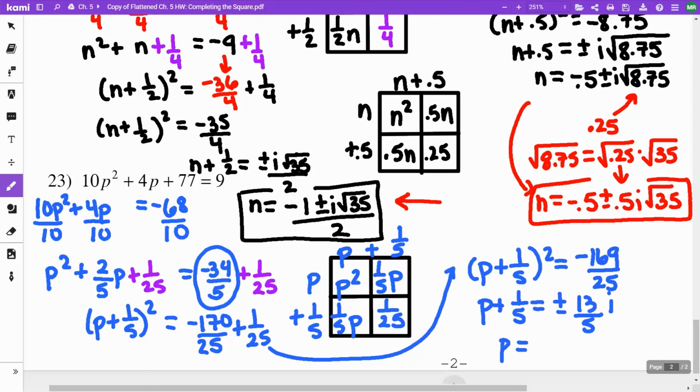And then I'm going to minus the 1/5 from both sides, but since they're both fifths, I'm going to put it all over 5. So the cleaned up version is going to be negative 1 plus or minus 13i, over 5. And that's our answer. Okay, I'm just going to do this one as a fraction. Hopefully this helps you out. Good luck on the assignment.